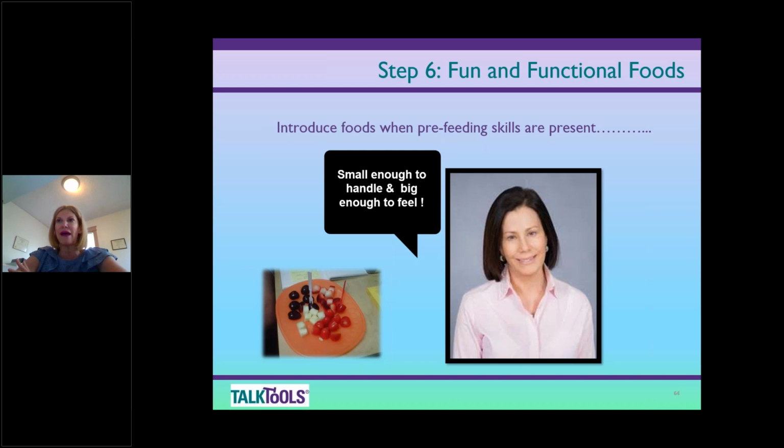So 2 mistakes that parents make is that they either give minuscule pieces of food for safety where baby can't get organized and has no idea where this food is in the mouth, or they're handing baby really big pieces of food. Even my older patients are just being presented with boluses that are way too big.